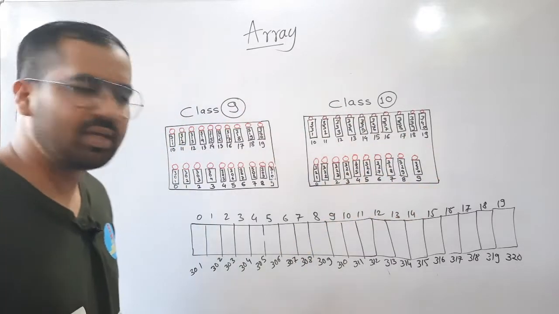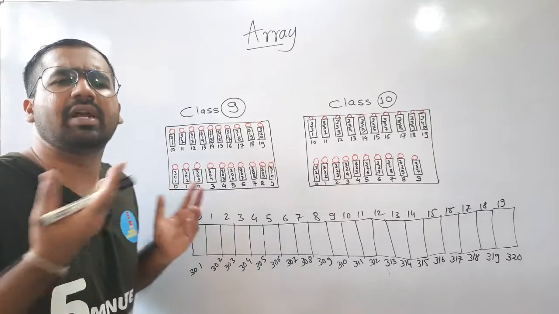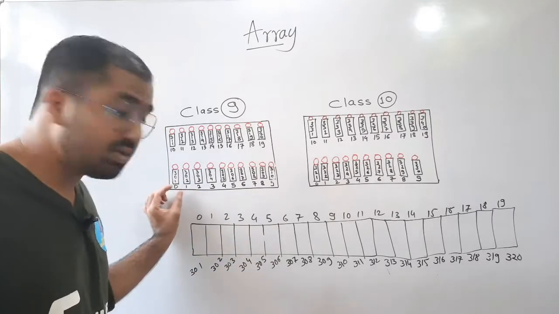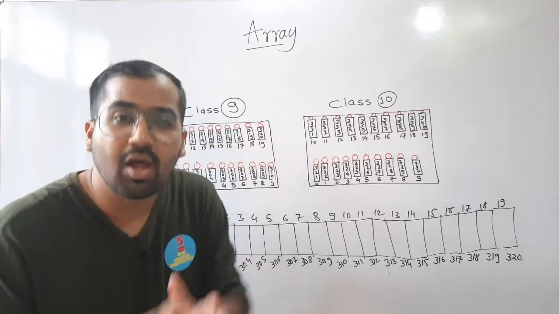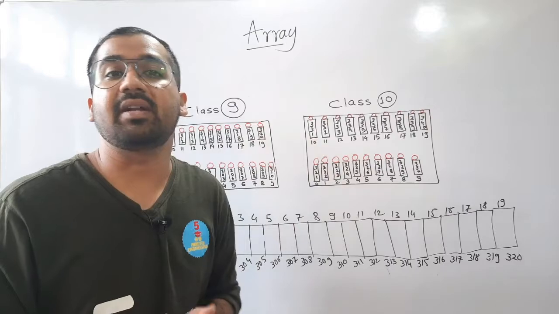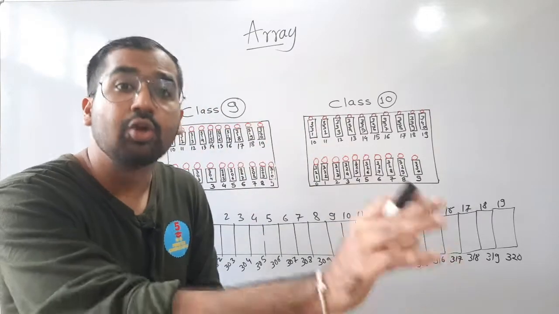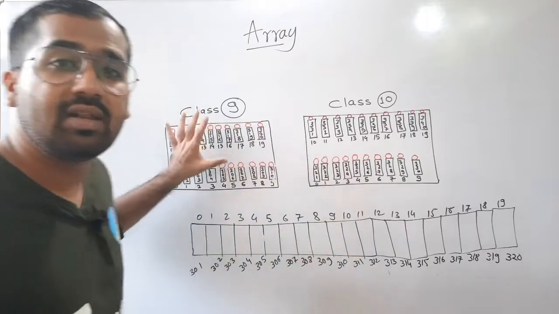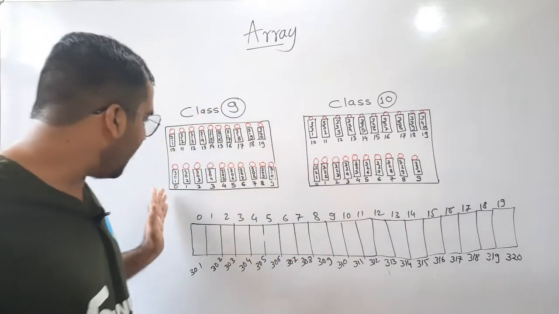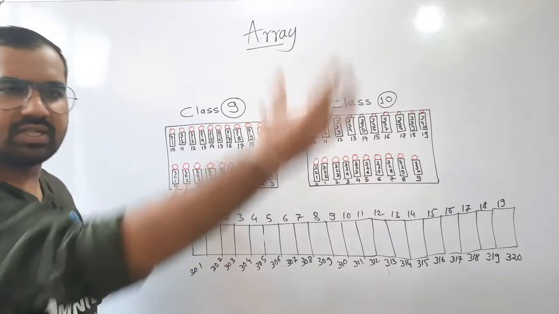One thing might be disturbing you: the roll number normally starts with 1, but there is no harm in starting it with 0 also. Why? Because the number 0 is also capable of uniquely identifying a student in the respective class. That is the purpose of assigning roll numbers to students, to uniquely identify a student in the respective class, and that purpose is served. So let's assume that the roll number starts from 0.